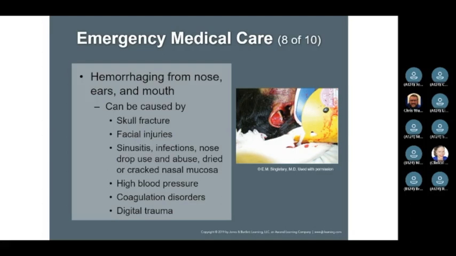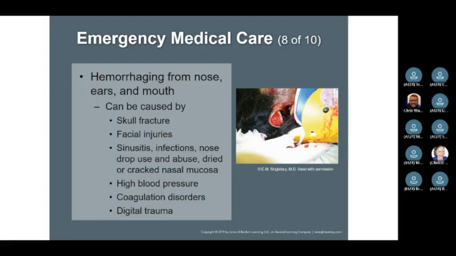Anyway, hemorrhaging from the nose, ears, and the mouth. Several conditions can result in bleeding from the nose, ears, and or mouth: a skull fracture, facial injuries, including those caused by a direct blow to the nose, sinusitis, infections, nose drop use and abuse, dried or cracked nasal mucosa, high blood pressure, coagulation disorders, digital trauma from nose picking.